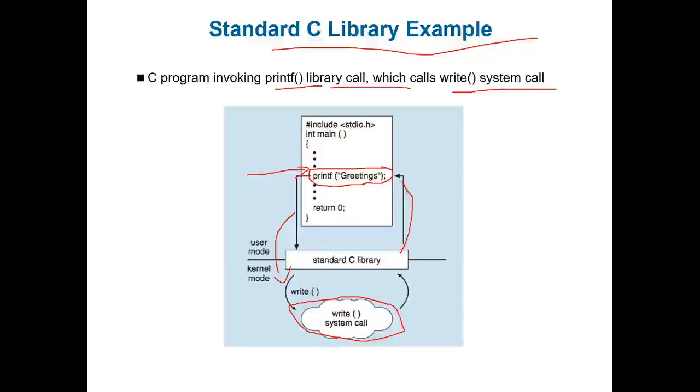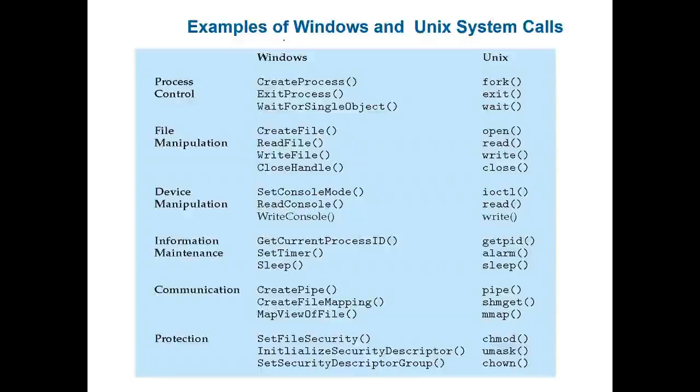It prints the value on the screen, and for that it uses the standard C library where all these system calls are stored. That means for programming purposes, there is a standard C library for particular programming languages, available in the operating systems.